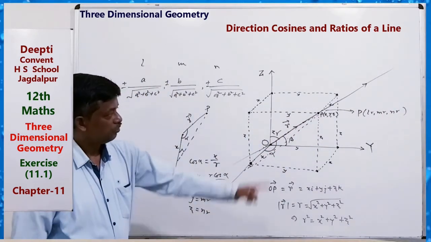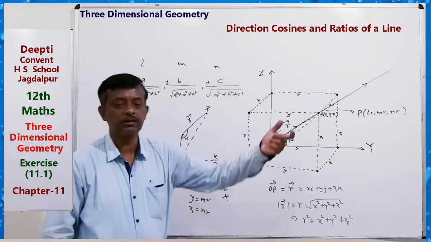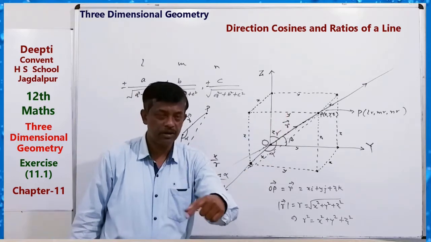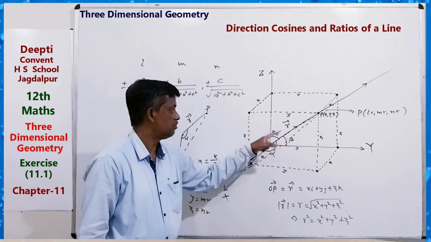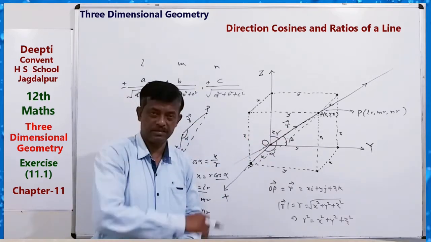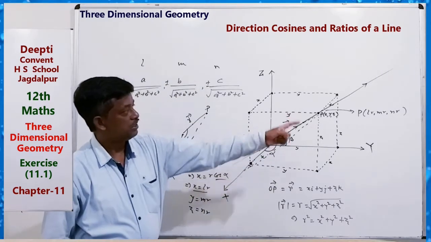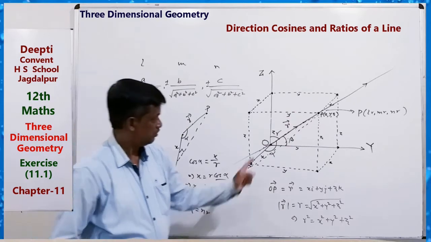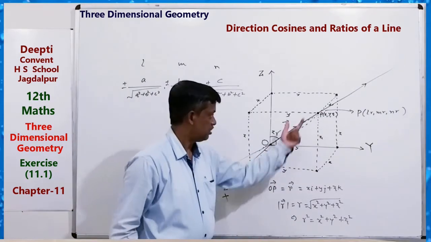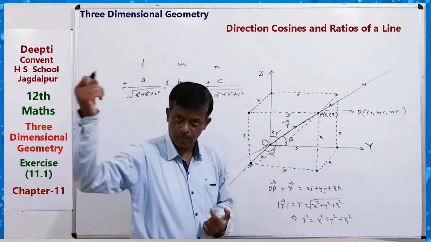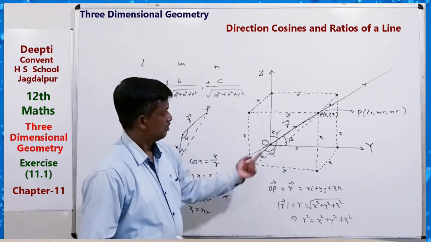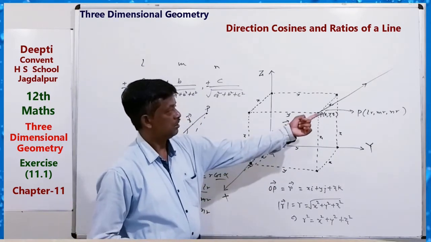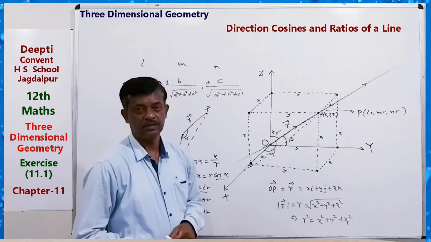Clear? LR, MR, NR, where the elements are cos alpha, cos beta, cos gamma, the angles this line makes with the x-axis, y-axis and z-axis. So the coordinates can be written like this, for the line OP passing through the origin and that point. Clear?